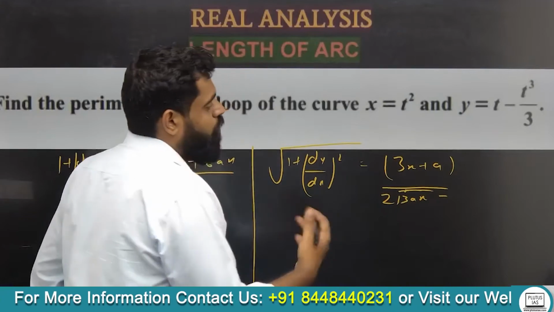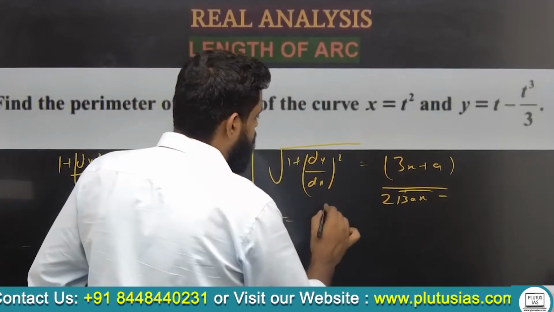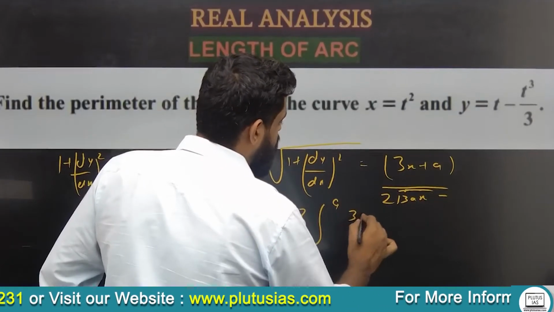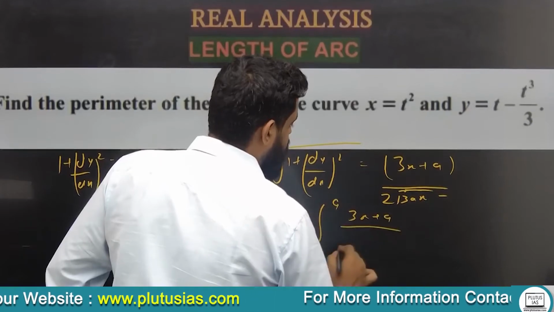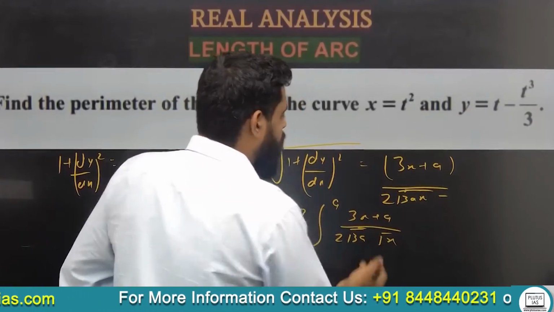So now we have to integrate it for s. We integrate from 0 to a, 2 times 3x plus a over 2 root 3a into root x.